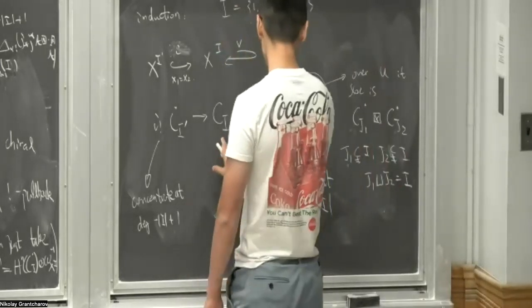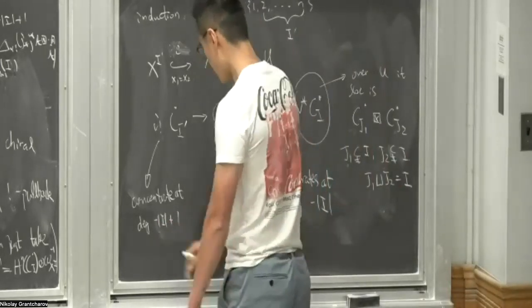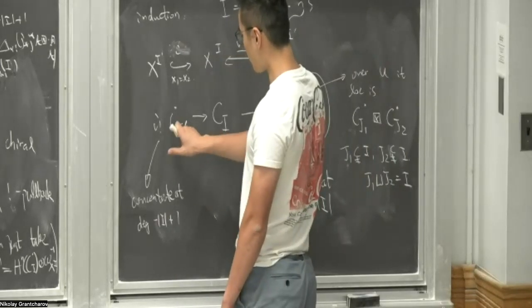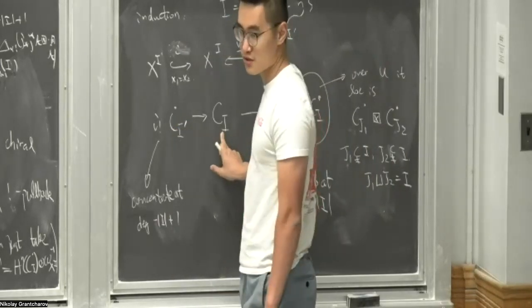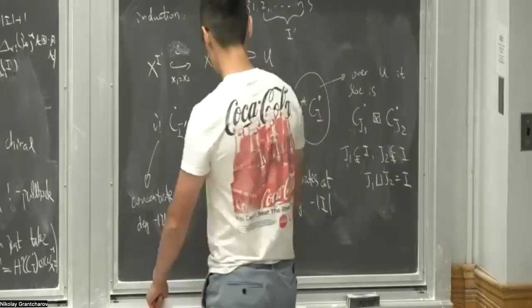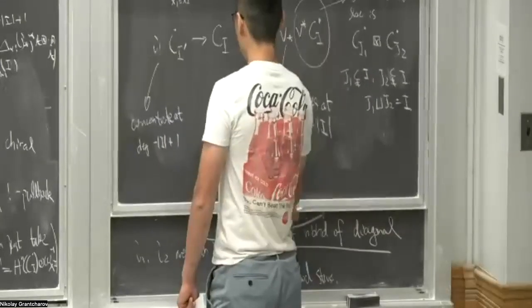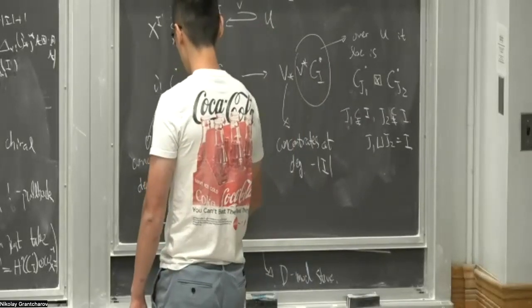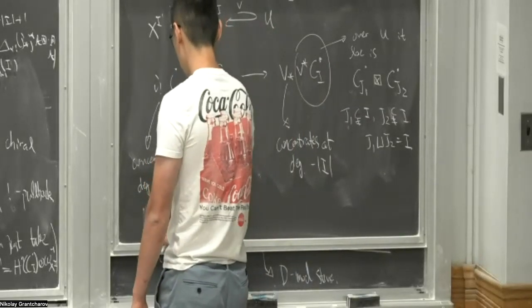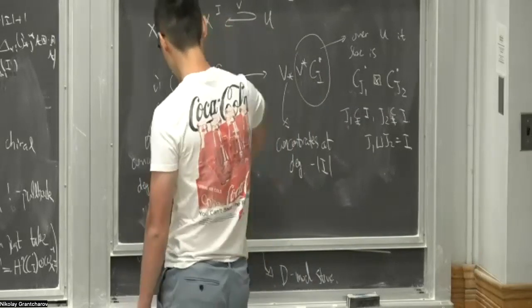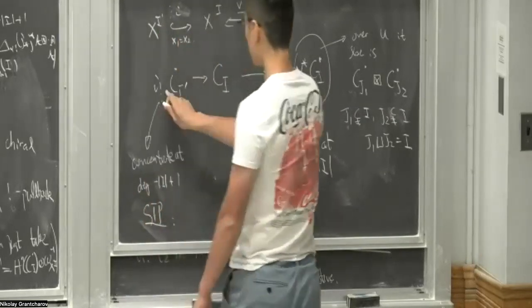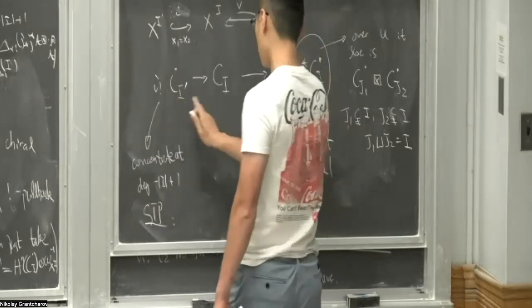So it's minus I plus 1. You just need to show that the degree minus I plus 1 map from the homology here to the homology itself. Now it suffices to prove the degree minus I plus 1 map onto it.